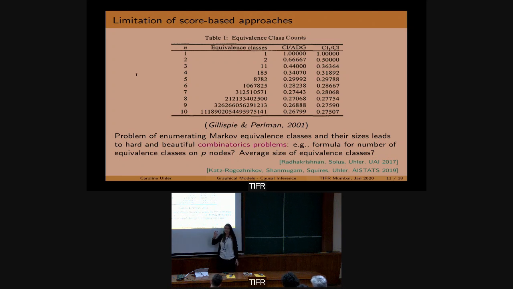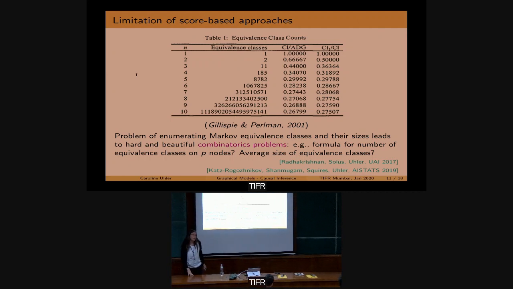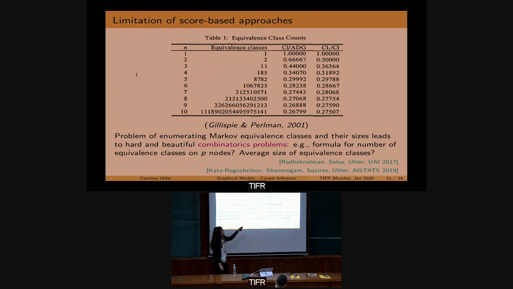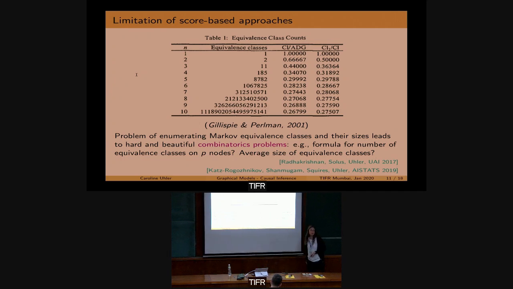So in a quarter of the cases, you don't even need any interventions. You're going to be able to identify the graph. And in all other cases, you need very few interventions. This is like the experimental design question: you need very few interventions to identify the graph, but it matters a lot which ones. So it's probably important to start off with observational data and then figure out which interventions I need in order to nail this down.